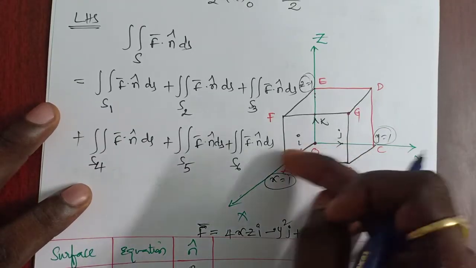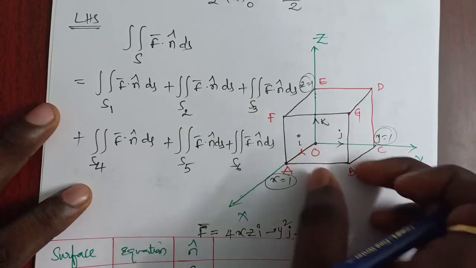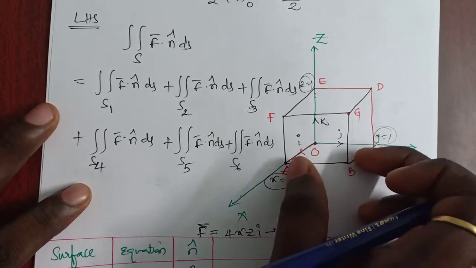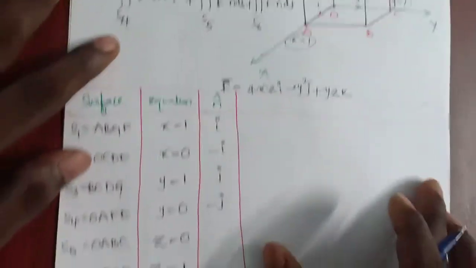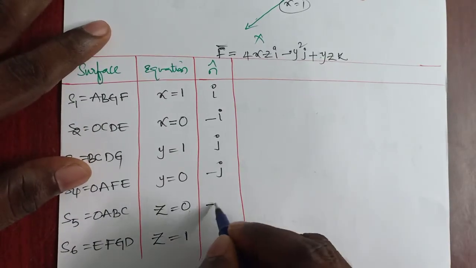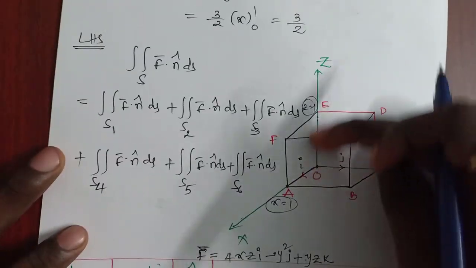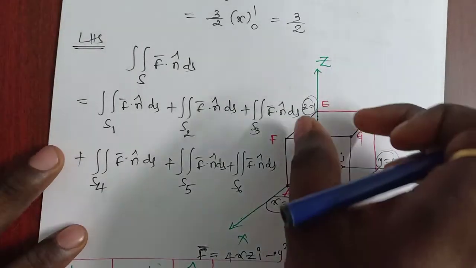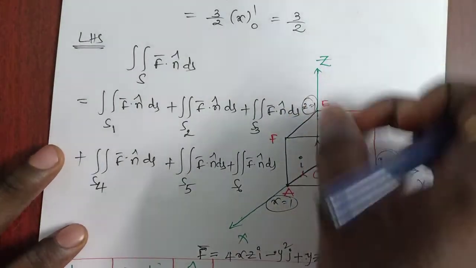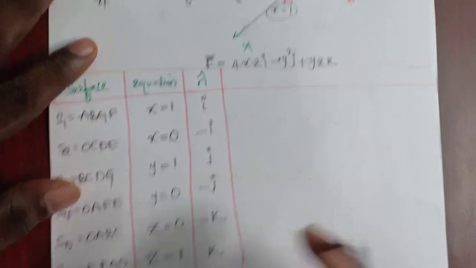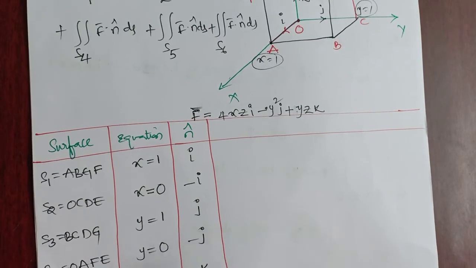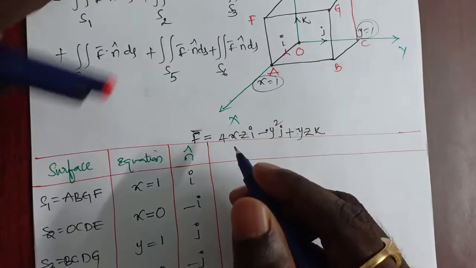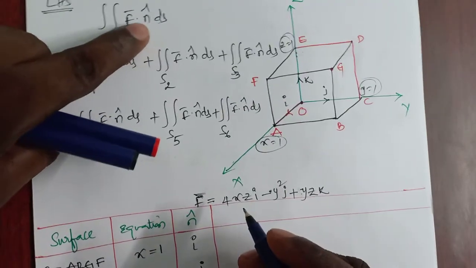It lies on this plane, so it has a negative direction, since the value is minus k. Why? Because the upper surface is in the positive direction, so it is plus k.